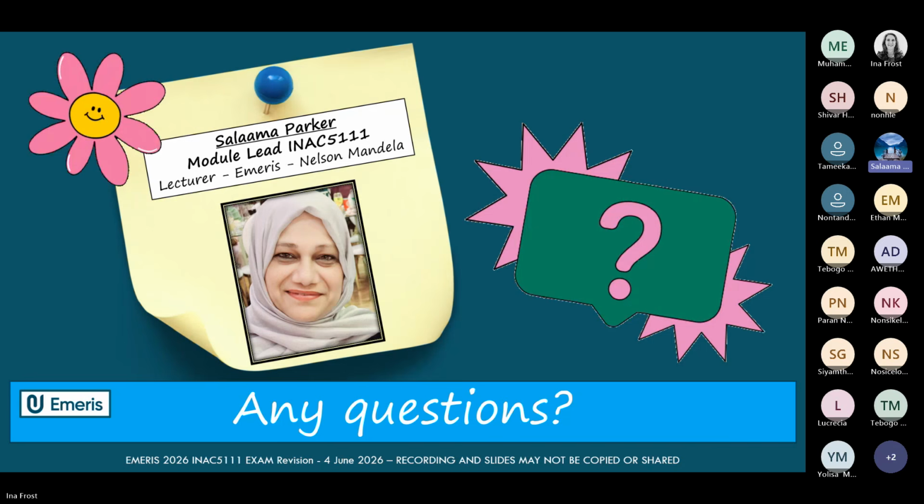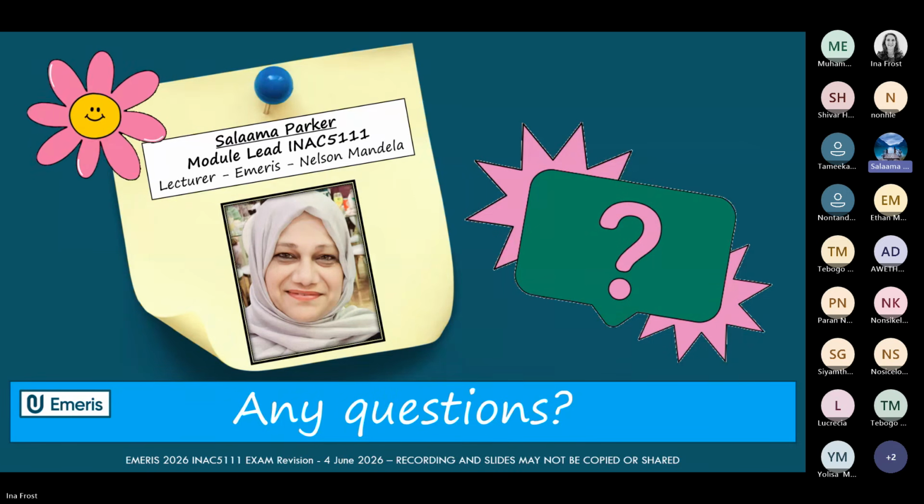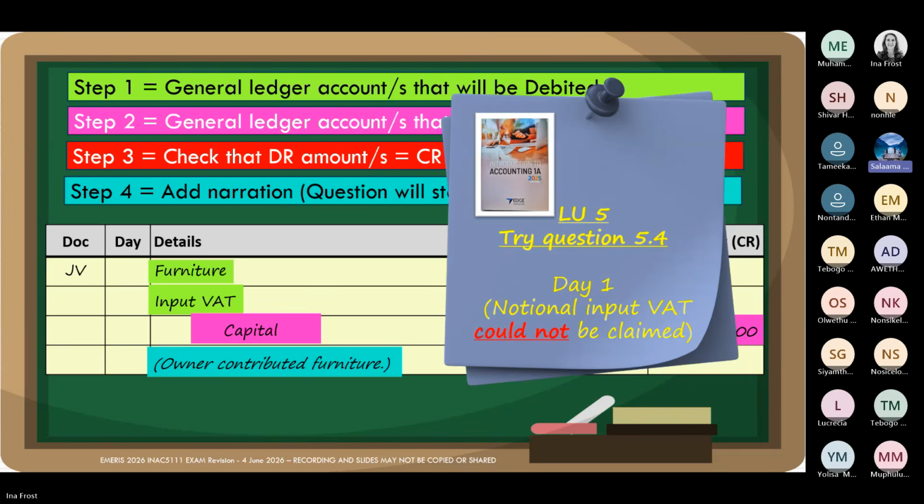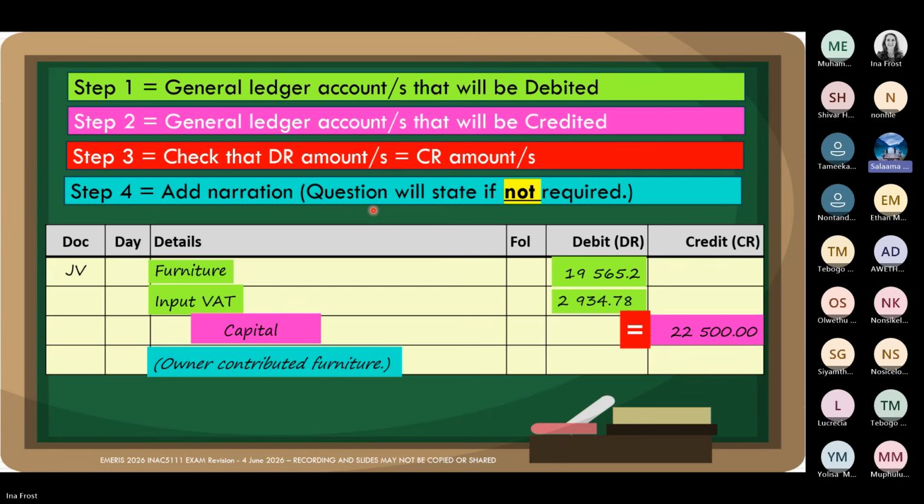Hi, Ina. I just also posted your tip where I tell them it is very important to do these T accounts, to map them out. The answer has their workings before they actually show us this double entry. And very important, as I mentioned earlier, is to read the required section for step number 4. Read the instructions whether you should include the narration or not.